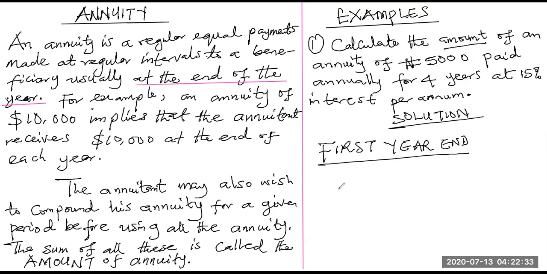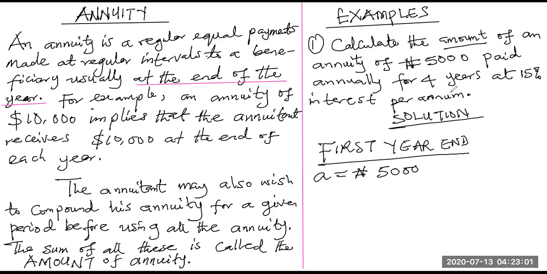First year end, because remember, annuity comes at the end of each year. So the first year comes the annuity. I'll use small letter for annuity. Annuity is 5,000 naira. So that is the annuity that comes in. But this annuity now, it came at the end of the first year. Remember, the investment company now paid the person 5,000 naira. The person now wants to compound this 5,000 naira for the remaining years.